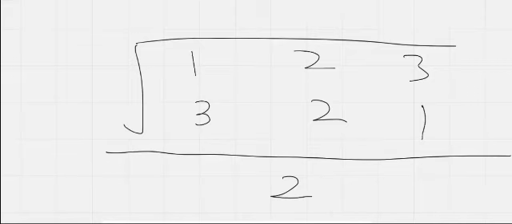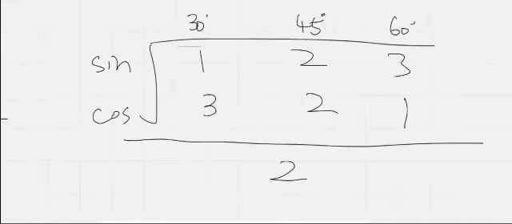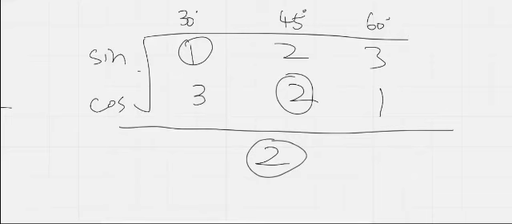And here I will say sine, here I will say cosine, and on top I will say 30 degree, 45 degree, and 60 degree. So when it's sine 30, it will be root 1 over 2. When it's cosine 45, it will be root 2 over 2, etc. So now you have mastered the unit circle.